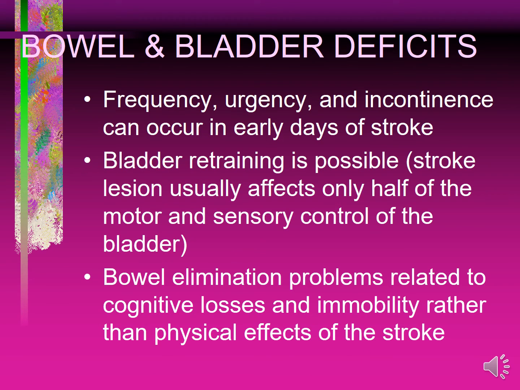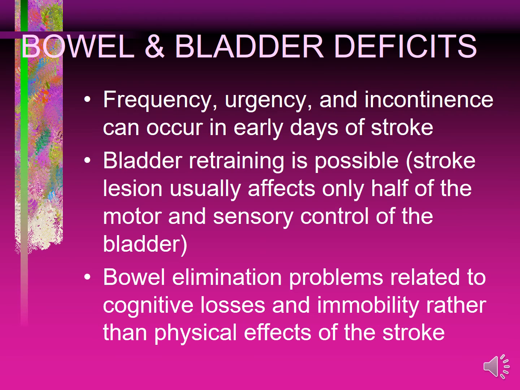Bowel and bladder deficits seem to be very common, but sometimes they're the easiest things to overcome. Frequency, urgency, and incontinence, urinary-wise, can occur in the early days of stroke. But bladder retraining is not all that difficult because usually the stroke lesion will only affect half of the bladder.